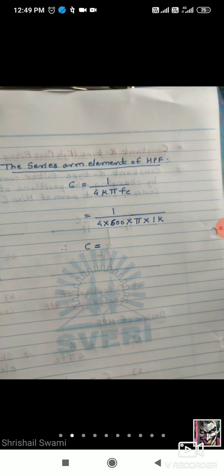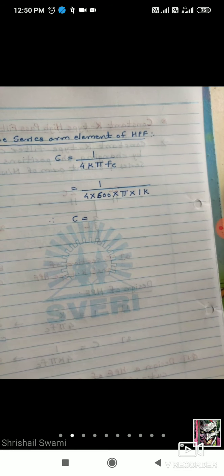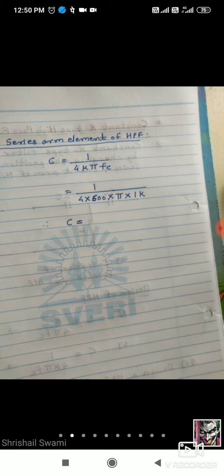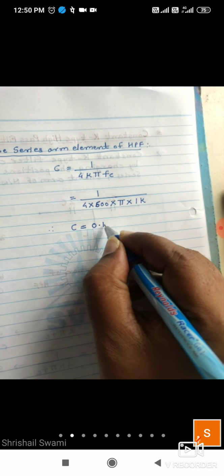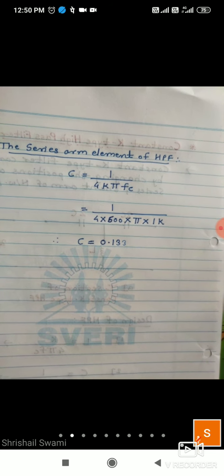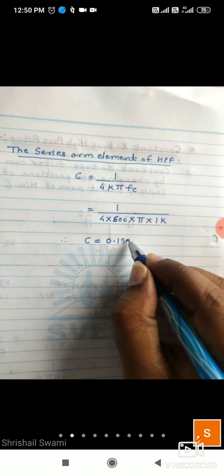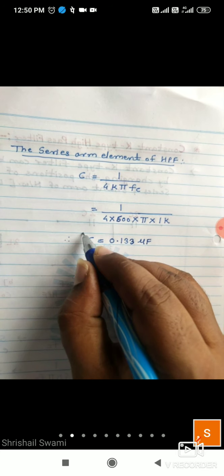Tell me in terms of microfarad. 0.133 microfarad. It is the correct. 159 is wrong. 0.133 microfarad, that is the correct.